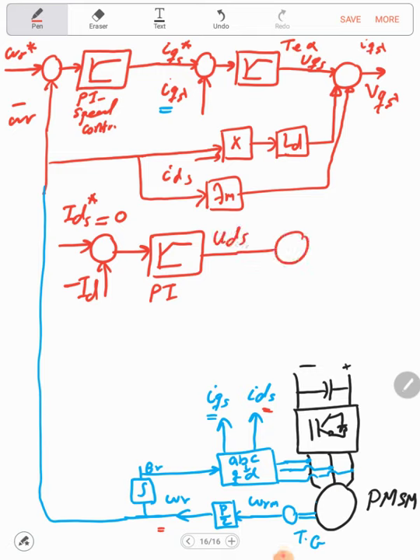So now I need to add the cross coupling term, which was minus omega r multiplied by IQS.